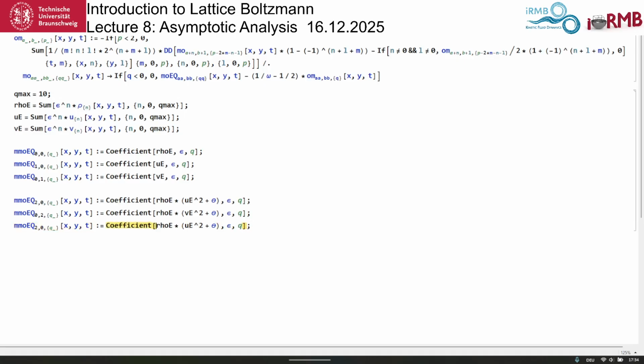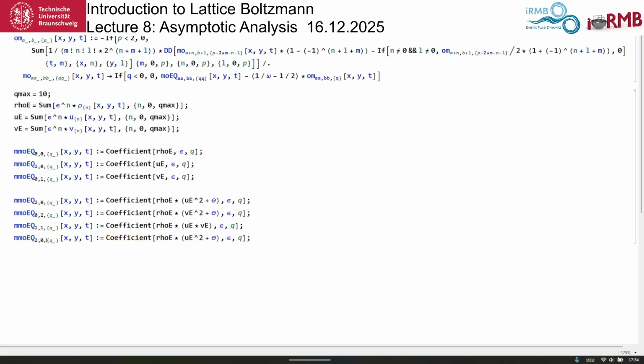And then we have, for example, 1, 1. So 1, 1 does not have a theta here, but it has VE. Right? So you're watching that I'm not making any nonsense.